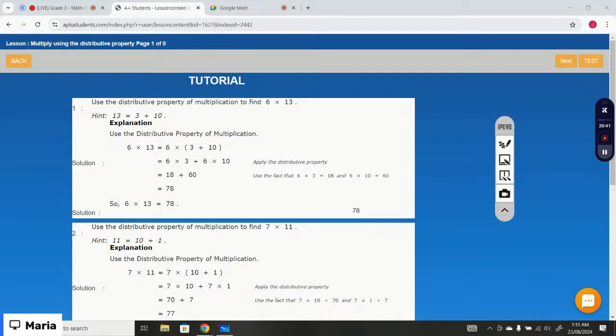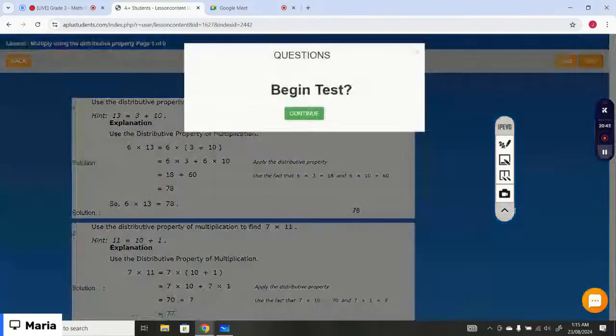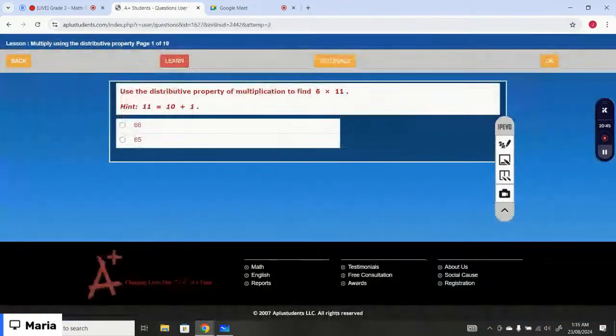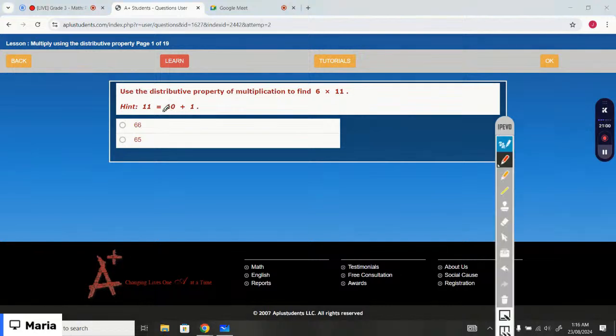Okay, let's start with the test questions. Use the distributive property of multiplication to find 6 times 11. You are given the hint 10 plus 1. Replace the 11 with 10 plus 1.